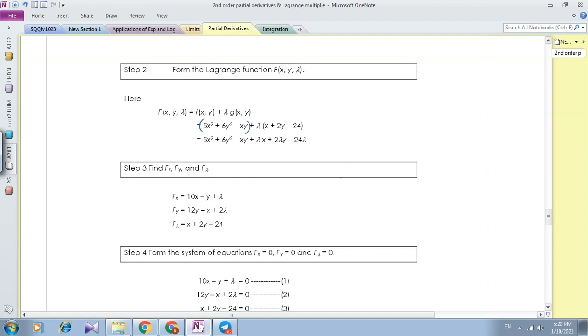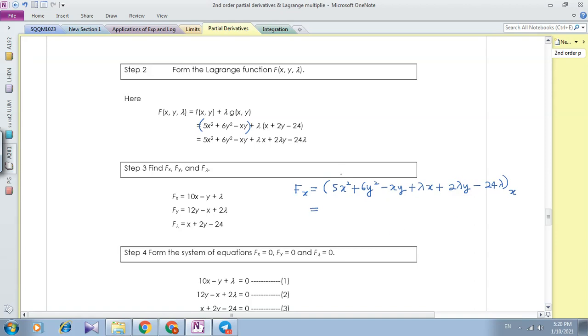Let me demonstrate for capital F of x. So F of x means 5x squared plus 6y squared minus xy plus lambda x plus 2 lambda y minus 24 lambda, and we are trying to find the partial derivative with respect to x.